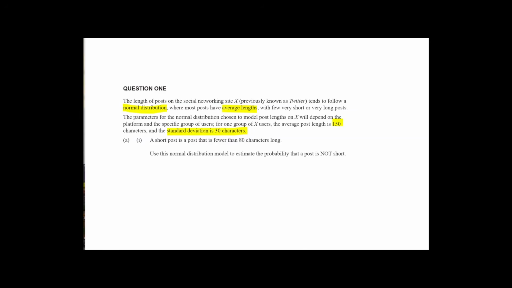So from that, we can draw it's normally distributed, and the mu is 150, and the standard deviation is 30. I mean, there's a minimum and a maximum. I think it's a bounded thing.